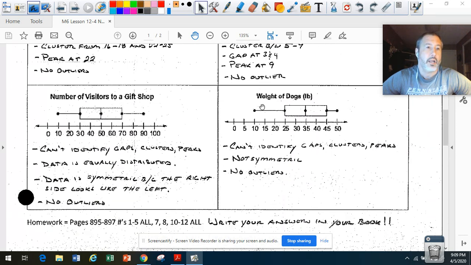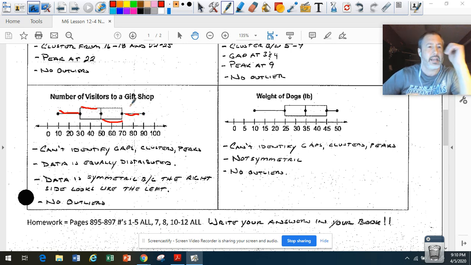So if we look here, number of visitors at a gift shop. Now, this one here, we're not looking at a dot plot. What we're looking at here is our box and whisker plot. So what we want to see is the distance between these data points. Can we identify any gaps?